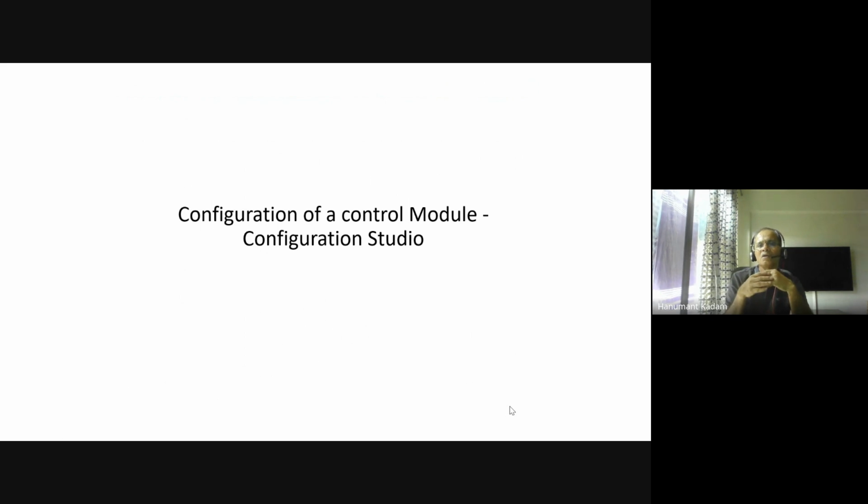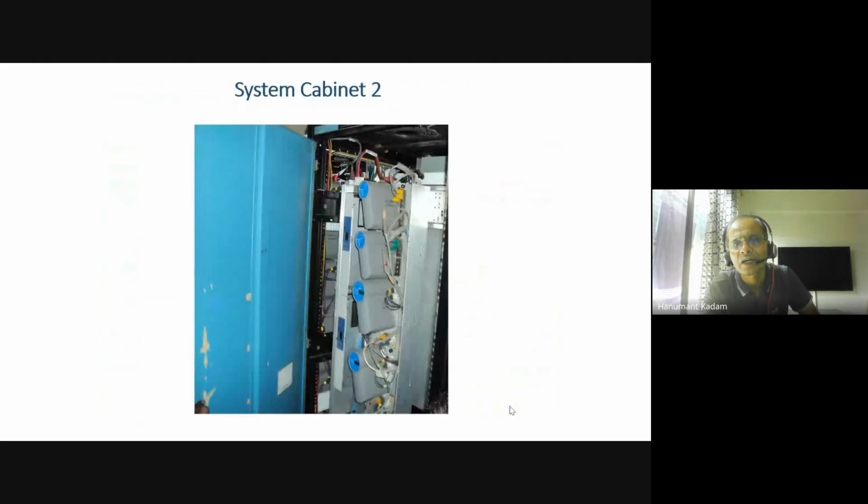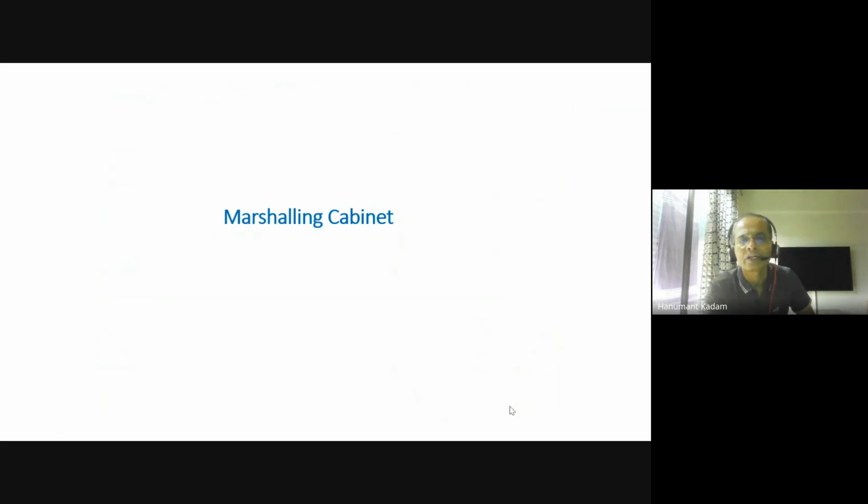Now we have seen various cards, but when we are implementing a particular loop, for example the medium pressure steam flow control loop, FIC 1301, which I have shown you, how is this particular loop implemented and configured in the system?